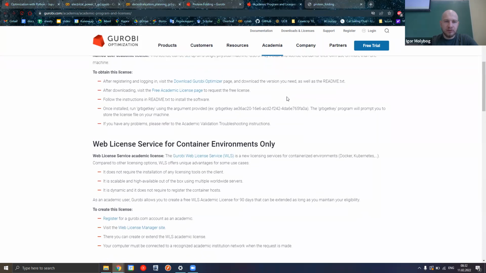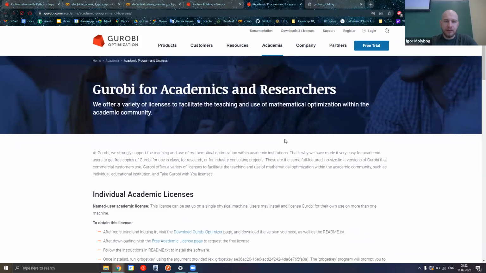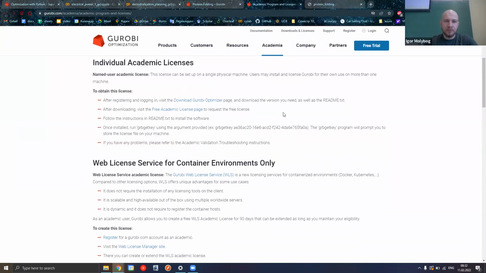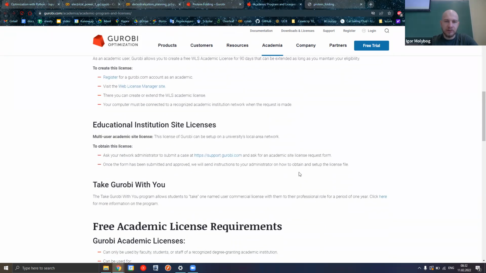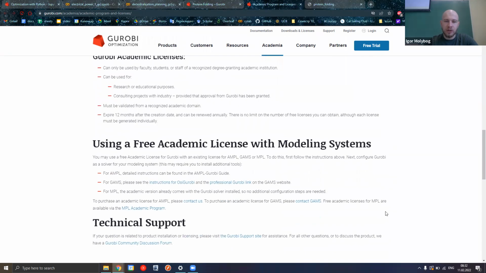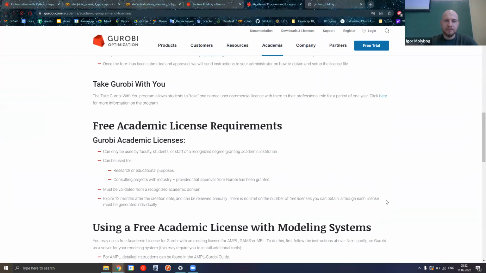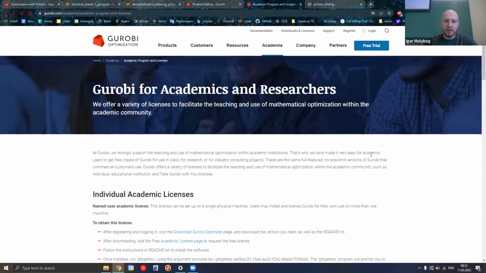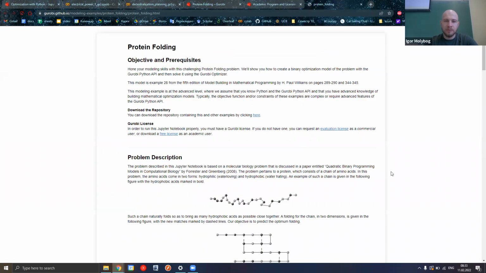This process is quite straightforward, and they have all of the necessary instructions listed here on this website. And you should let me know if you have any problems with obtaining an academic license if you need one.